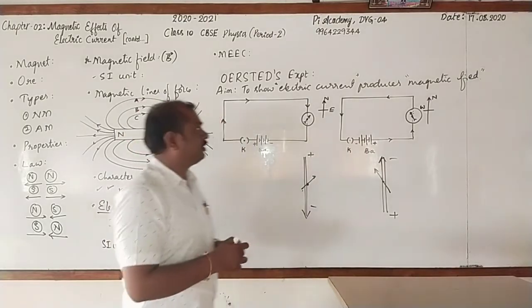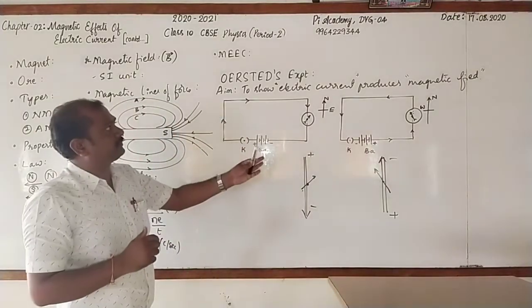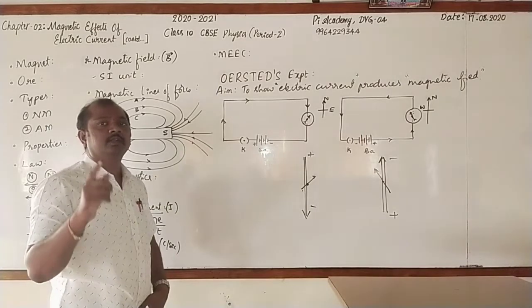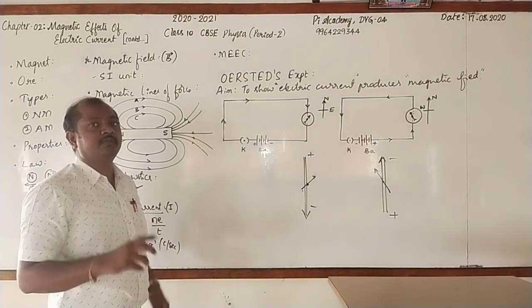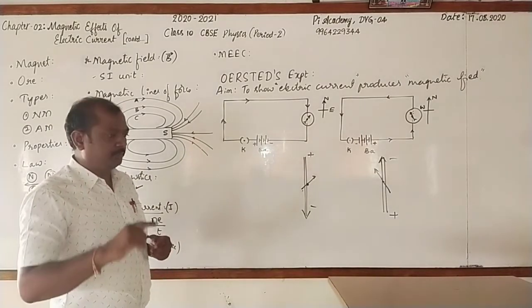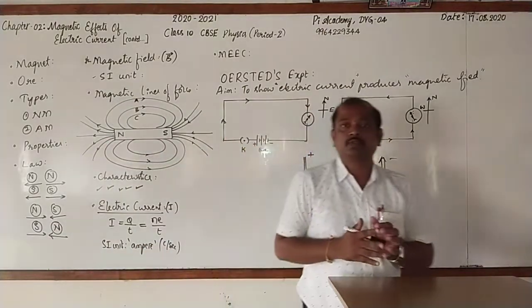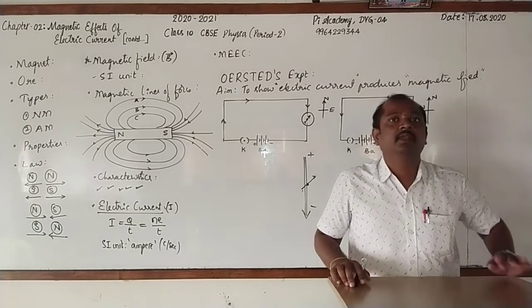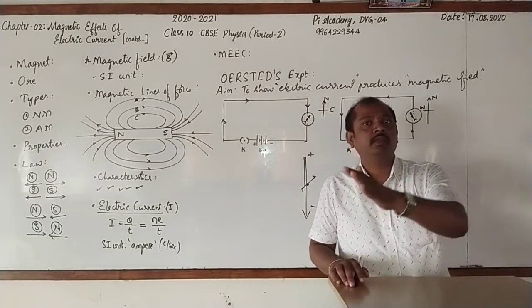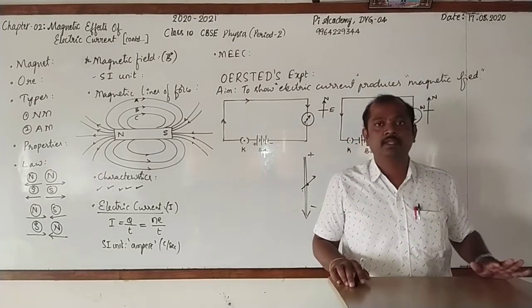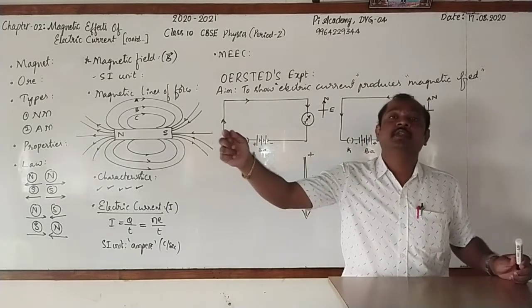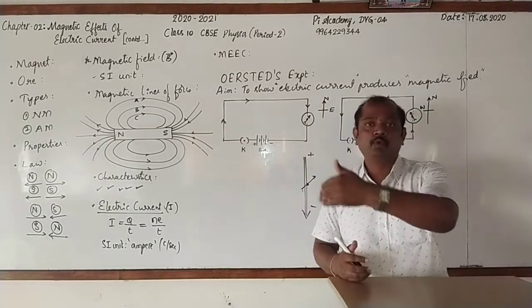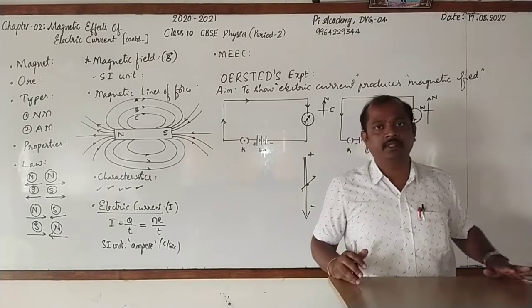Clear? So now let me go for writing the procedure of this experiment. Not only that, I will also write the statement of Ampere's swimming rule. Before that, let me make you recall Ampere's swimming rule. It states that imagine a man swimming in the direction of flow of current such that the current enters from his foot and leaves from his head.